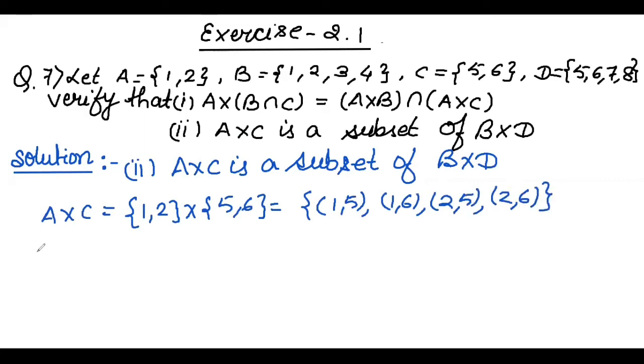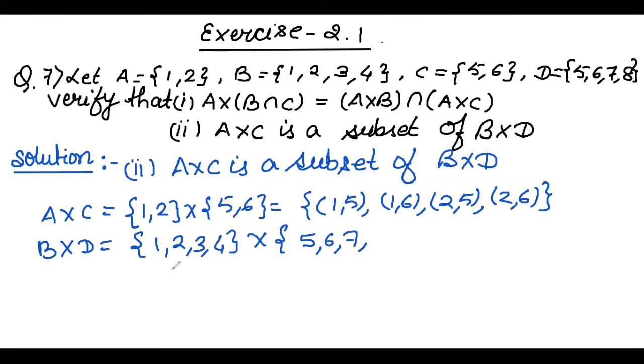Now we'll find out B cross D. So B is here 1, 2, 3, 4 cross D is here 5, 6, 7 and 8. So Cartesian product we will find out.